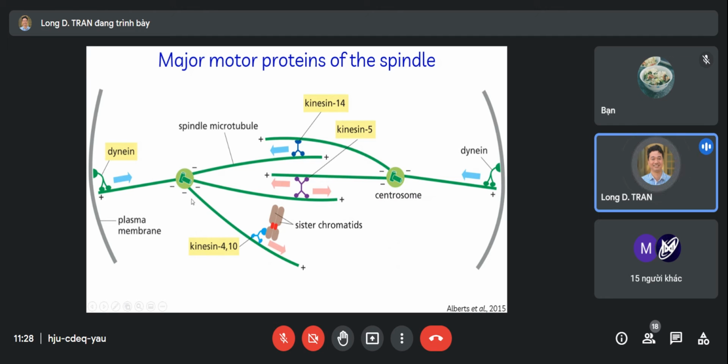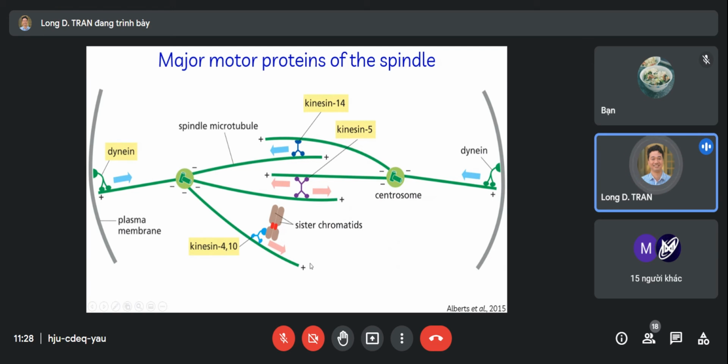So this is the kinetochore microtubule, where kinesin 4 or kinesin 10 would be involved in the transport of chromosomes toward the plus end, where they will be arranged in the metaphase plane.